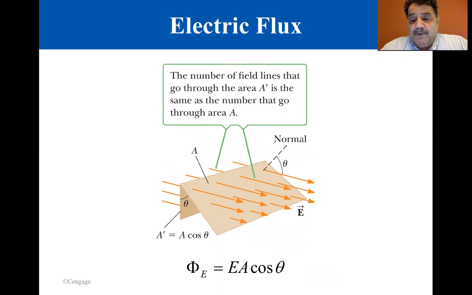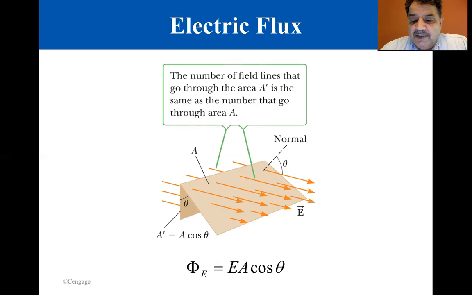If the surface is not perpendicular to the field, as in the figure, the expression for the electric flux is shown here, where a vector perpendicular to the area A is at an angle theta with respect to the field. We will refer to this vector as the normal vector to the surface.